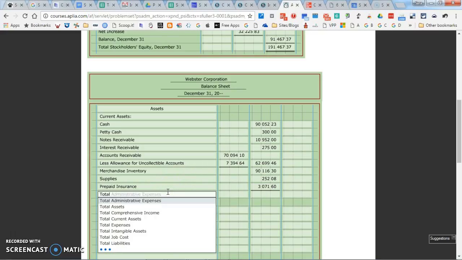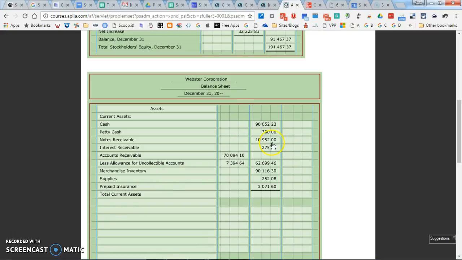And then we'll have total current assets. So we're going to add everything up in our middle column, put it here in the third column. So we have $257,718.67. Then next is a subheading here of plant assets. Then the first one is office equipment.